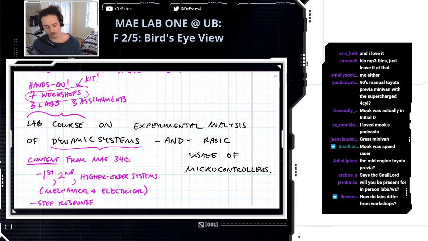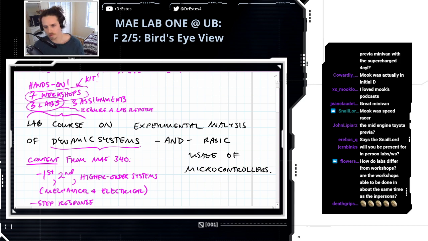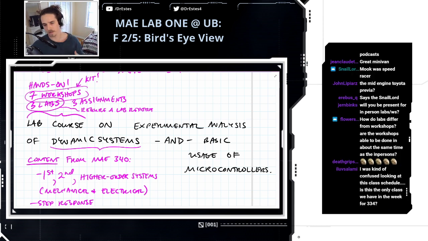The difference between a lab and a workshop is that the labs require a lab report. We'll talk more about the exact format; it has an abstract, introduction, the experimental methods, and so on. And you're going to write this lab report with a partner.